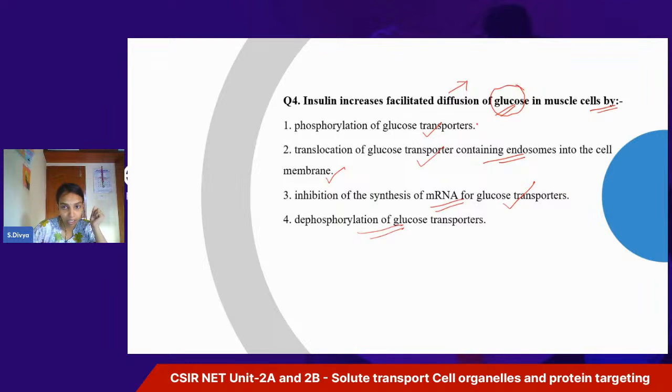They have GLUT transporters, right? And specifically speaking, which GLUT transporter is responsible for transportation of glucose in muscle cells? You are having different GLUT transporters like GLUT1 is there, 2 is there, 3, 4, 5. Among them, which GLUT transporter is responsible for transporting glucose in muscle cells?